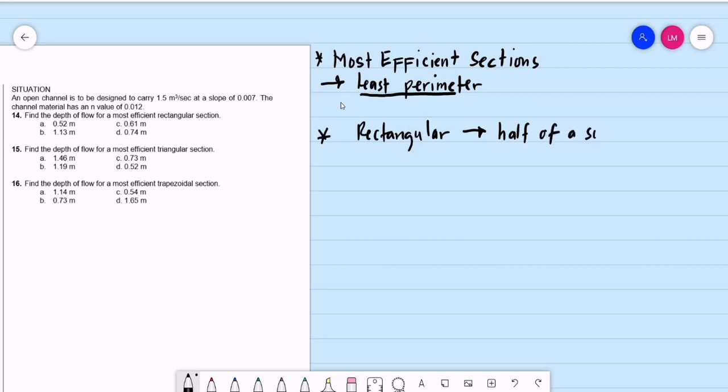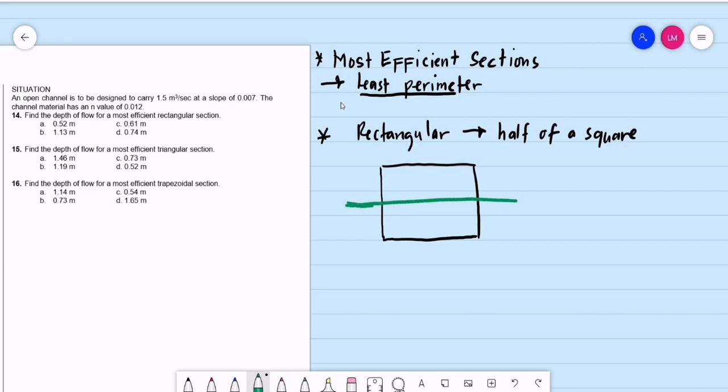That will be the resulting most efficient rectangular section. So for example, we have a square section. We consider its half, and that will be our most efficient rectangular section.